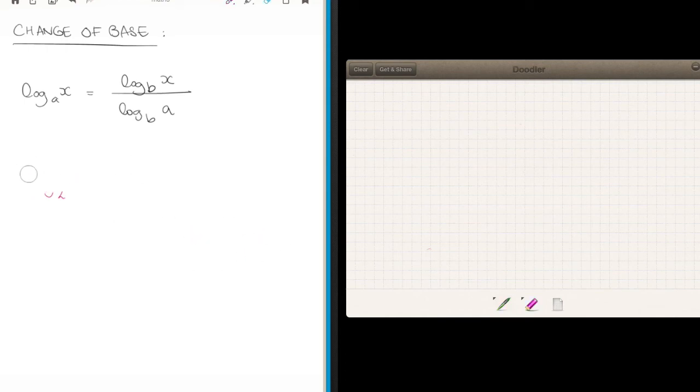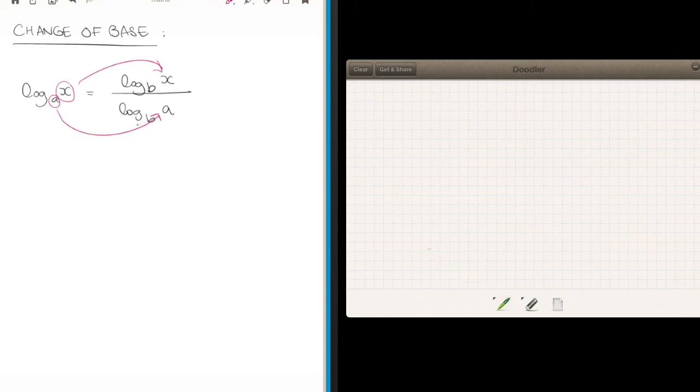So the general formula for this is, say you have log base a of x and you want your base to be b. That's going to be log base b of x on top, so whatever the number x is will be the numerator, and the base will go below.